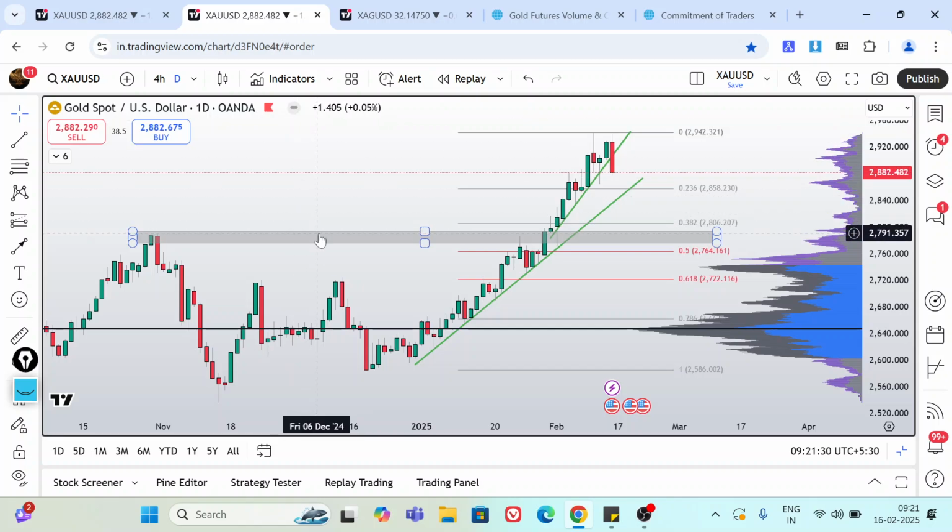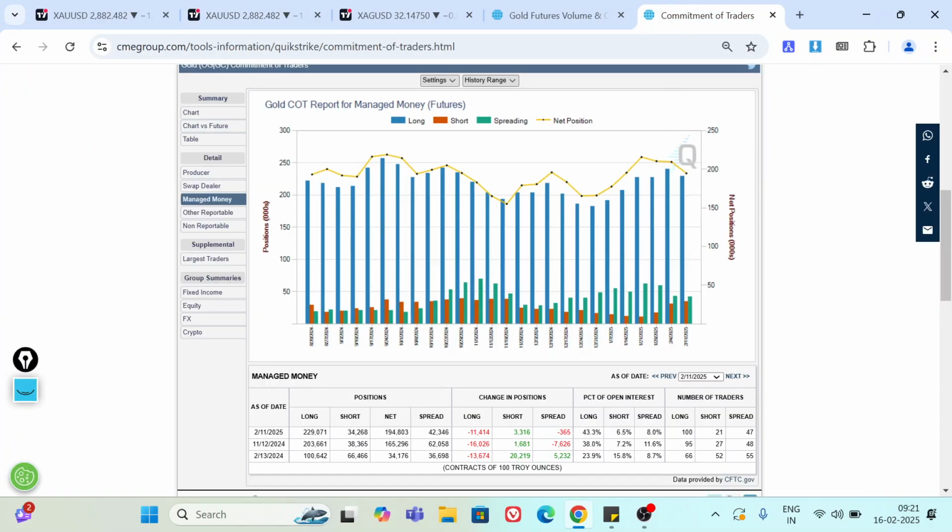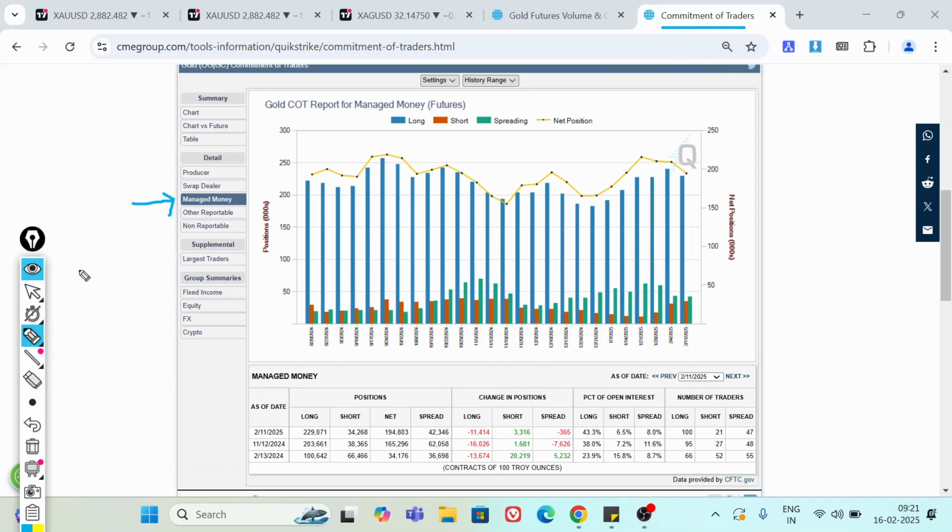As usual, before going into the price action, we are going to check the latest COT, that is the Commitment of Traders report, and we are looking at the positions of the managed money from the COT report. If we look at the latest change in positions of the managed money, you can see that they are now covering, or decreasing, their long positions.